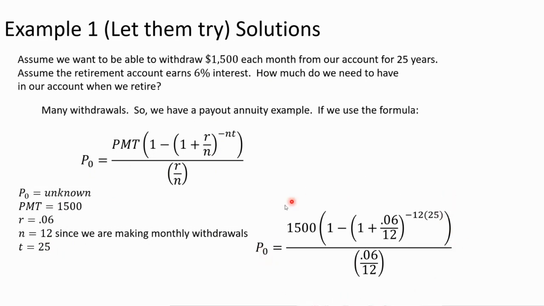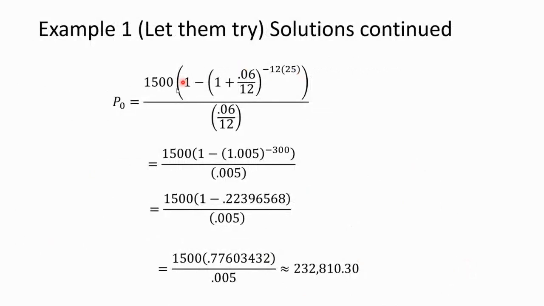So we have to calculate this thing. Okay, so again, we can calculate top and bottom, right? Order of operations. So the 0.06 over 12, I just calculated that directly here. The exponent, right? That's going to be negative 300, okay? As you can see. So we do 1.005 to the negative 300.